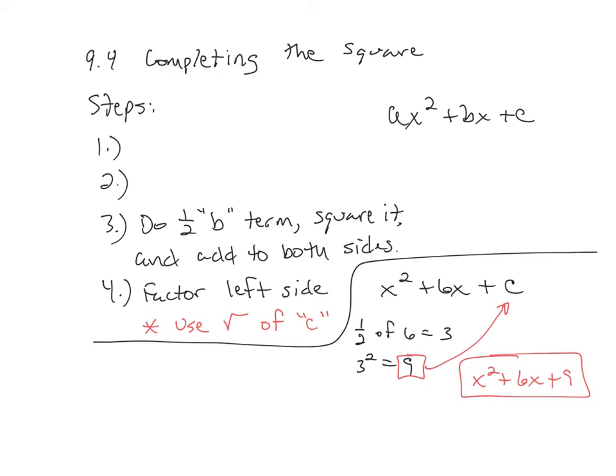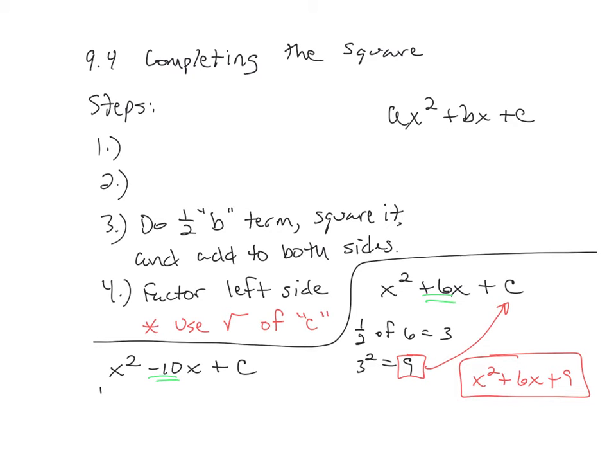So if we had, okay, and so notice this first one is positive 6, and this one's negative 10. The positive and negative doesn't matter for step 3, because when we square, to the second power, negative times negative makes positive, positive times positive makes positive, it doesn't matter.